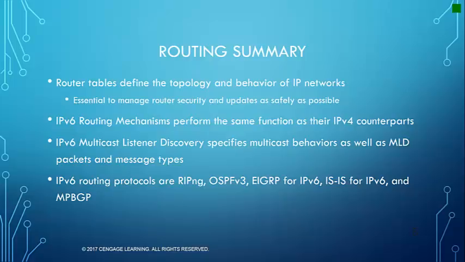The IPv6 routing mechanism performs the same function as its IPv4 counterpart, to ensure that the packets successfully transfer across different routing domains to arrive at the destinations. Mechanisms include how IPv6 routing decisions are made and weak or strong host behavior.